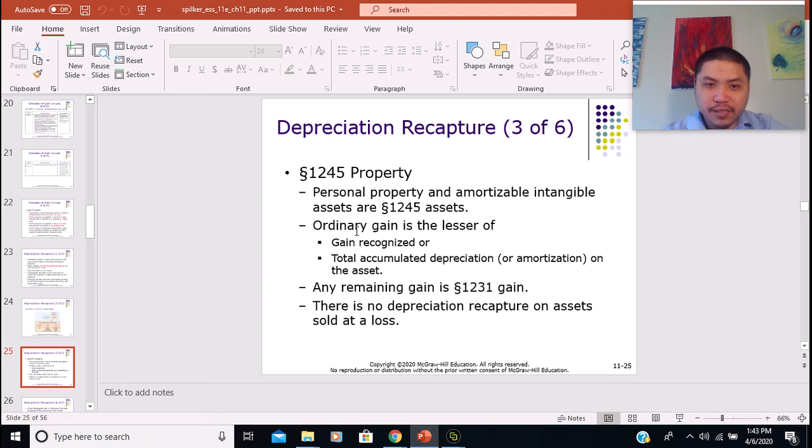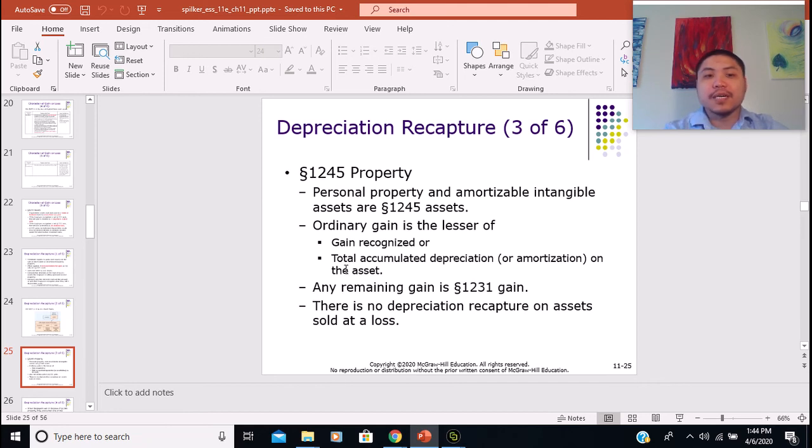In the first case, if the gain recognized is smaller than the total accumulated depreciation, it means there's no portion of gain coming from the appreciation in value. In the second scenario, there might be some portion of gain generated from the appreciation in value, so we only capture the portion generated from accumulated depreciation.